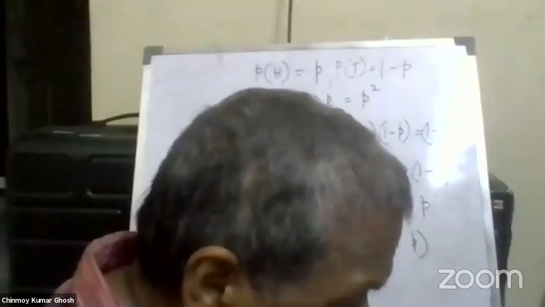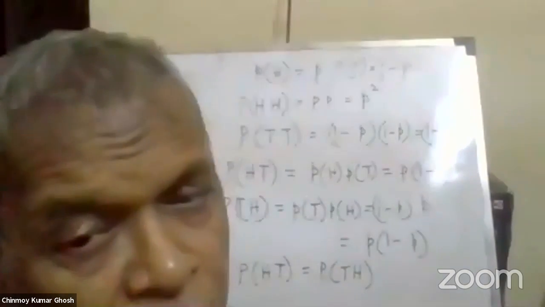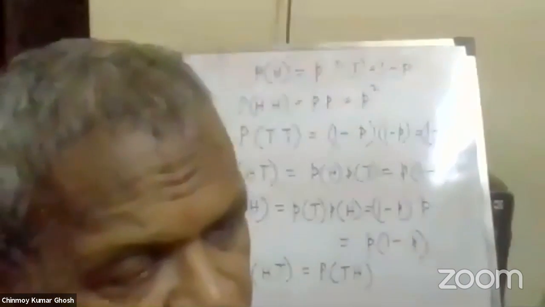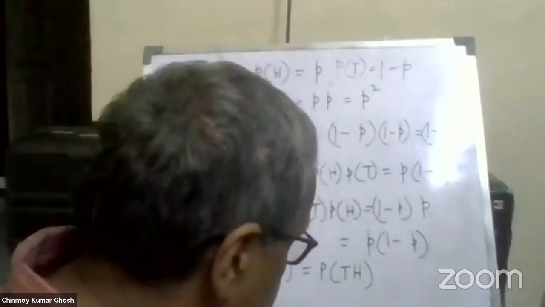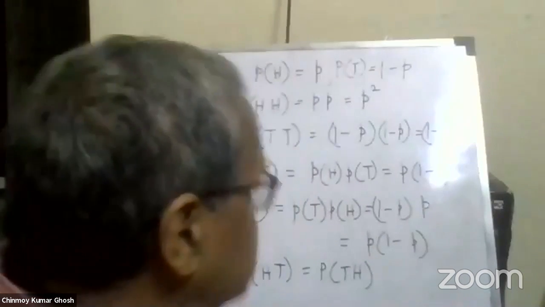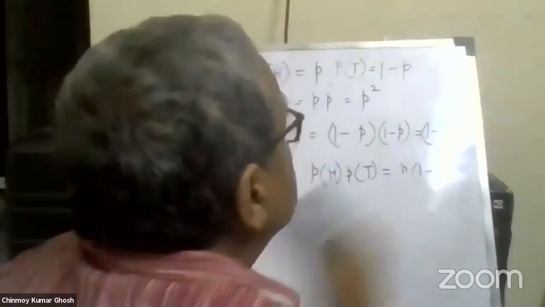Now, is it commensurate with the inverse operation which we have in algebra? Is it exactly commensurate with the kind of inverse operation we have in algebra? It should not be.